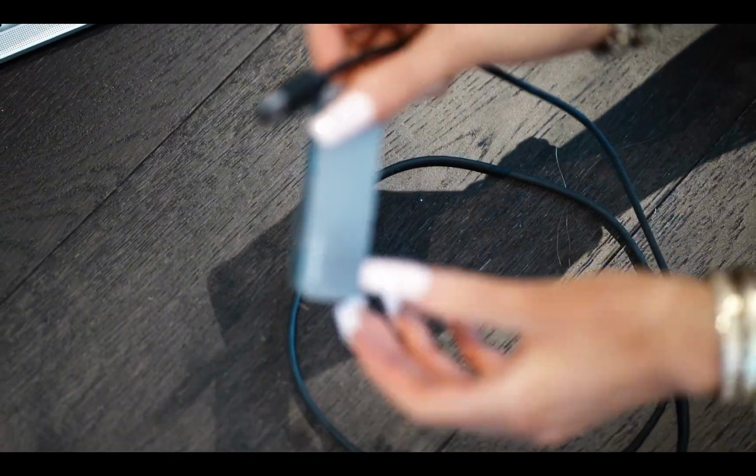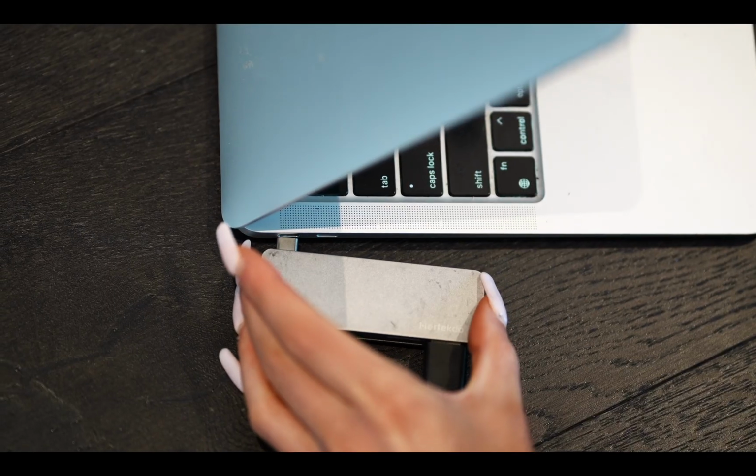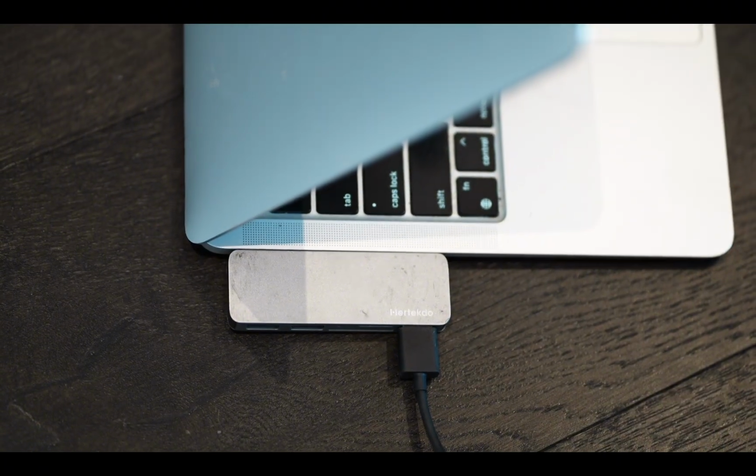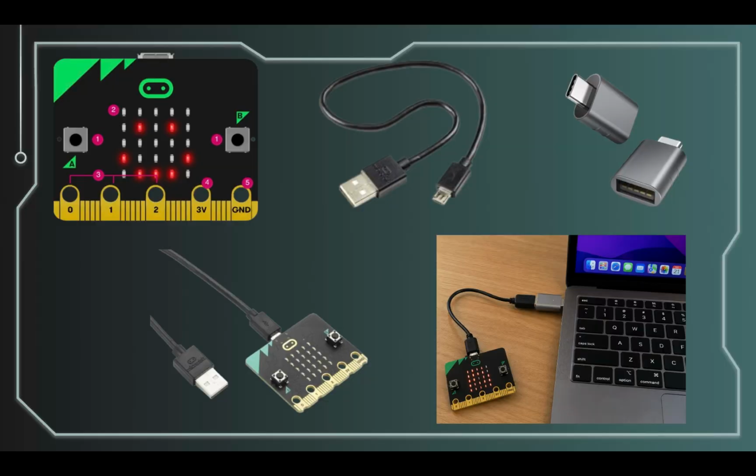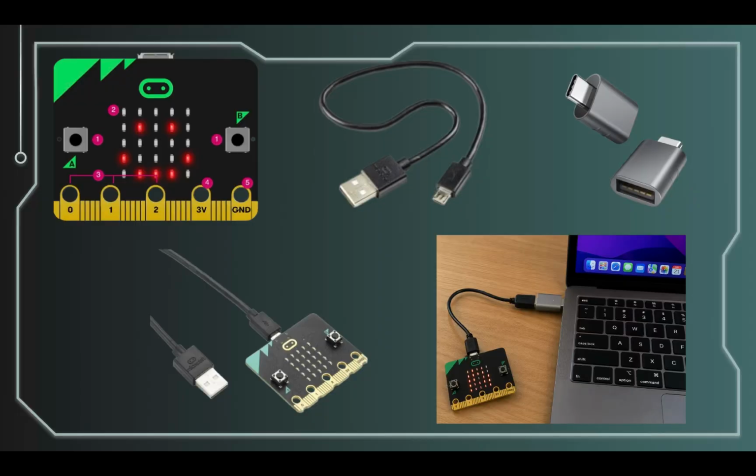The second step is to plug the end of the cable into the USB to USB-C adapter. The third step is to plug the adapter into your computer, whichever computer you have, MacBook, Chromebook, Windows. And the fourth step is to make sure the microbit lights on. This means that it has successfully connected.